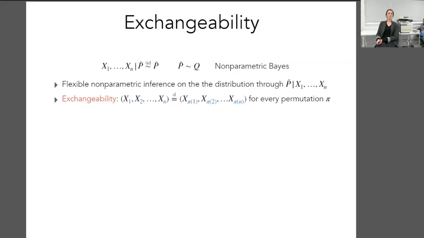And if you look at this kind of models, you can very easily see that this entails exchangeable observations, in the sense that their law is invariant with respect to permutation of the indices. And actually, also the converse holds true.